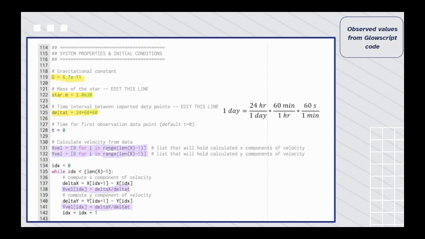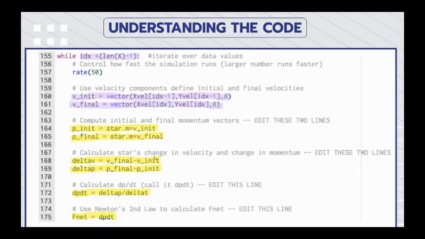Then here, this is the x and y component of velocity, and this is pretty much how we calculate it. Then in the while loop, we calculate the change of those for the x component of velocity and y component, and this is computed by using delta x and delta t. Here it's pretty much the same thing, just using delta y instead of delta x.